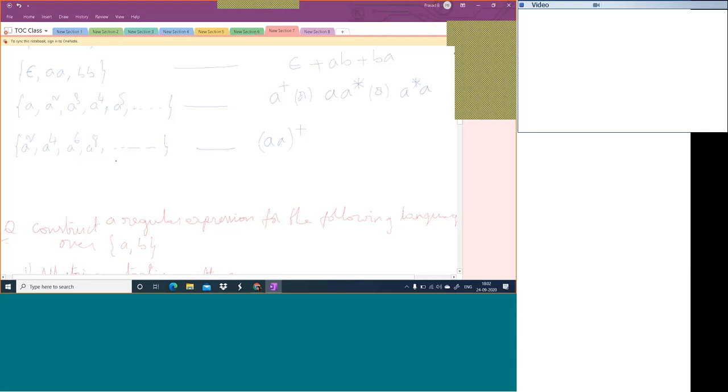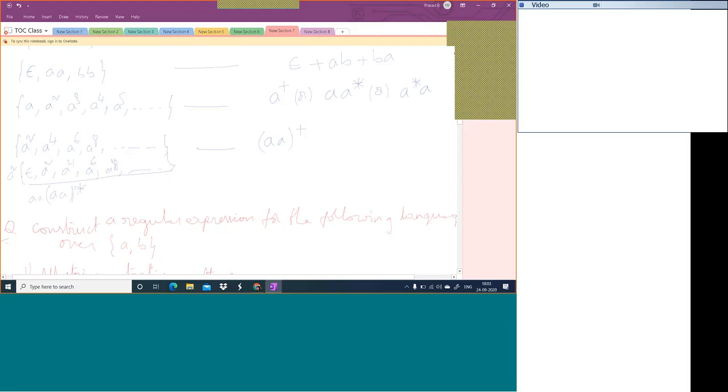Now from all these, here we have A square. If I take A square common from A square, epsilon; from A power 4 if I take A square, then A square will be left. From A power 6 if I take A square, A power 4. And from A power 8, A power 6, like that. So what is this actually? This whole is double A whole star.